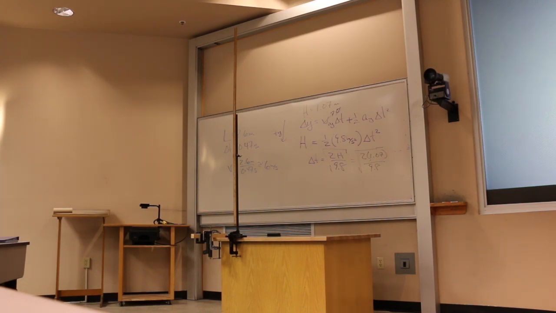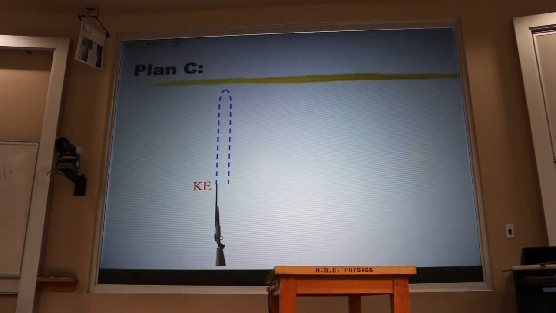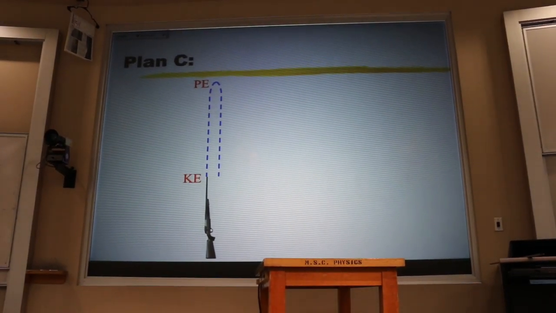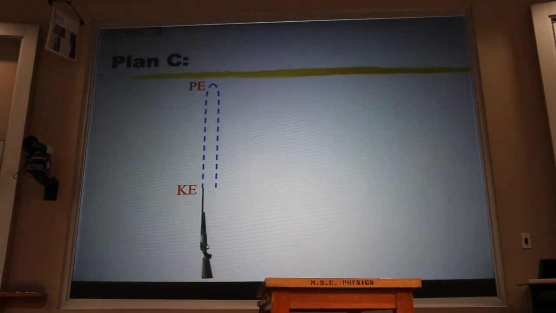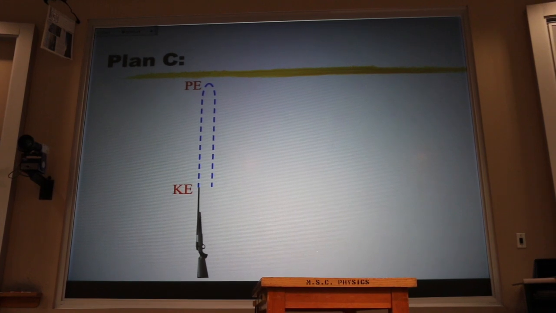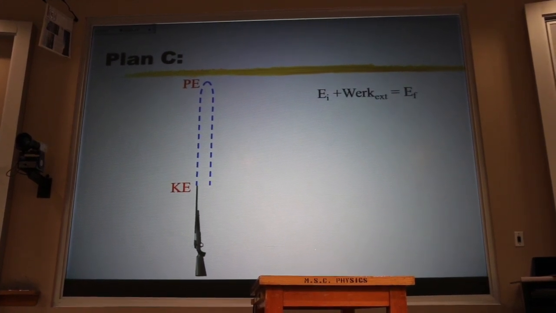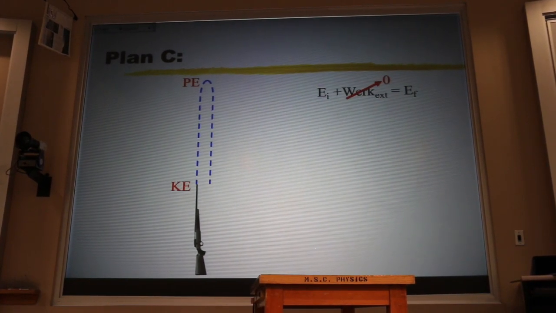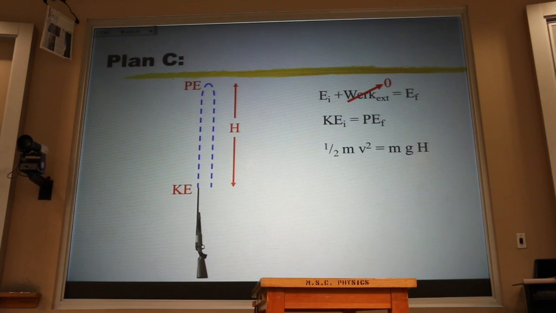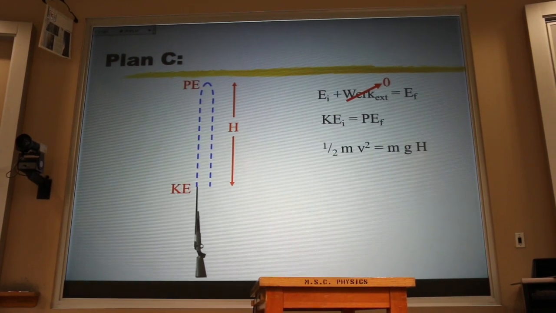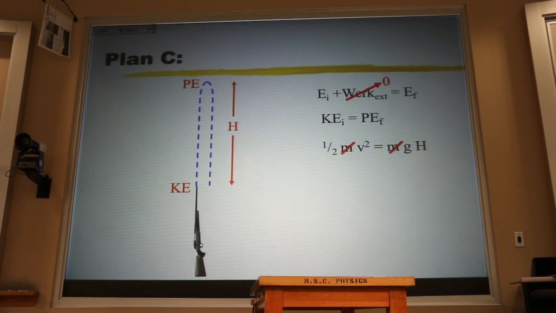At the bottom, when it leaves the barrel, if I call that height 0, it's got kinetic energy. When it stops at the top to turn around, it no longer has kinetic energy, it just has gravitational potential energy. If we ignore air resistance, then the kinetic energy leaving the barrel is equal to the potential energy at the top. If we know what H is, we solve for V.